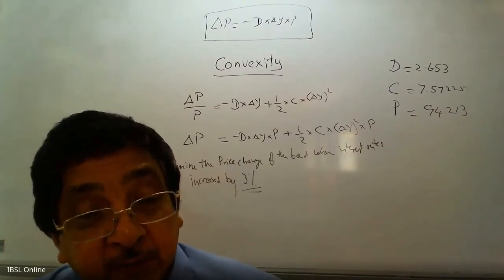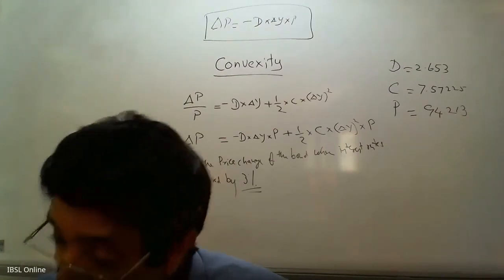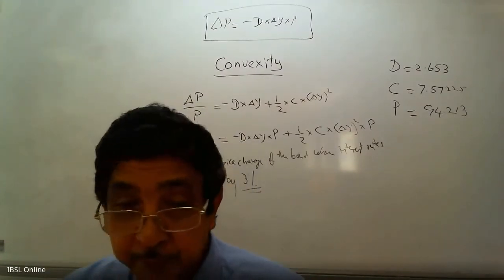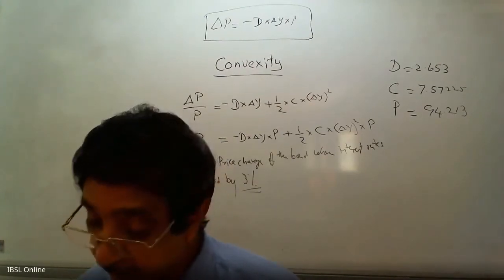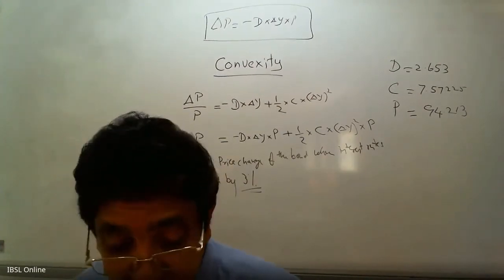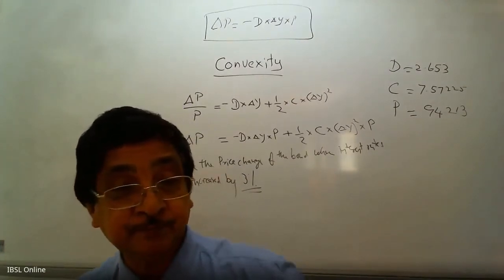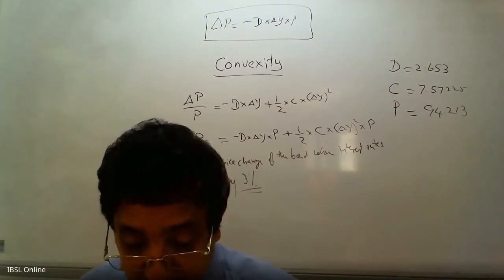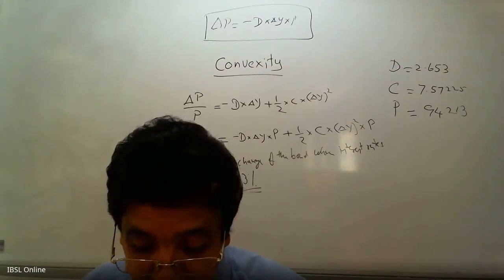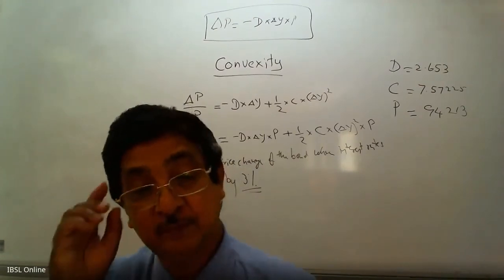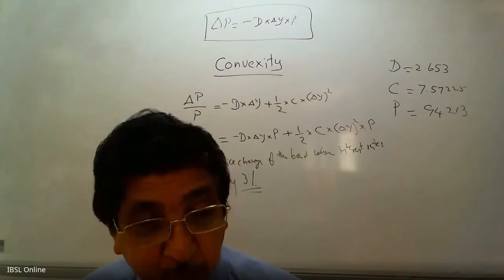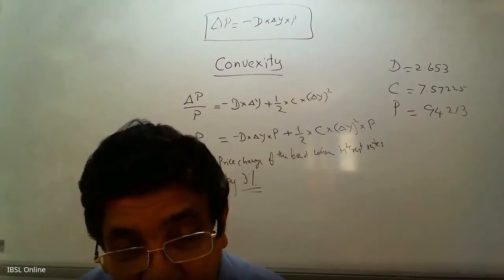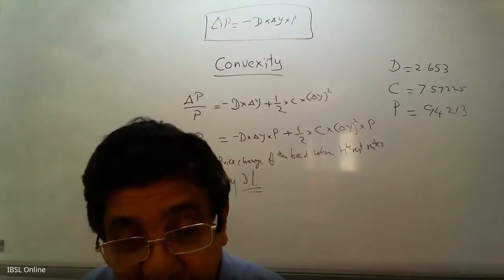Or even I can just do it on the board. I will show you what you have to do. First, we can get minus D into delta Y into P. Or what we can do is, without P we can do the calculations, and then multiply with P at last.